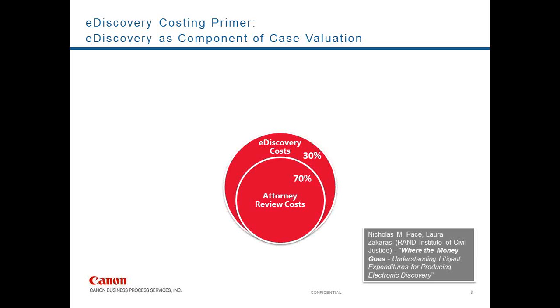So a goal in lowering e-discovery costs is obviously to reduce attorney time, and spending a little more sometimes on the e-discovery technology or preparing your plan in terms of e-discovery technology is a great strategy for reducing your costs. If you can reduce the time spent on e-discovery review, you're going to cut your costs. If you can cut your costs in half, that reduces the overall cost 35%.